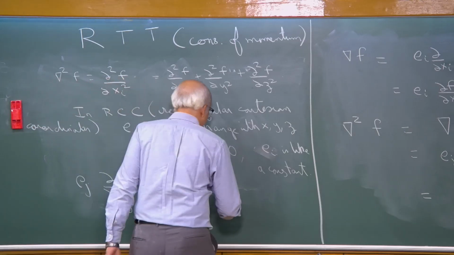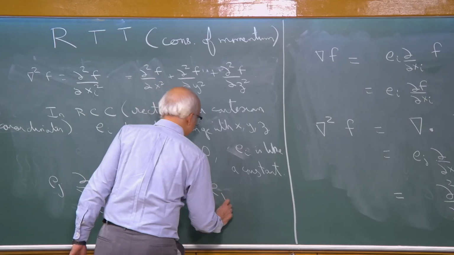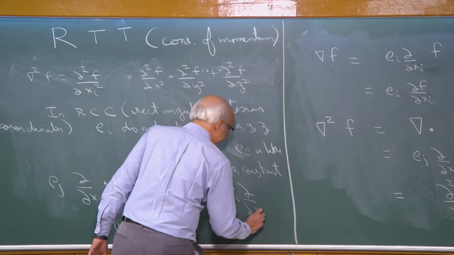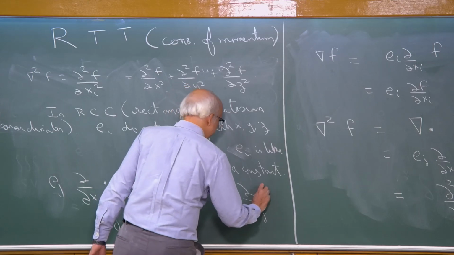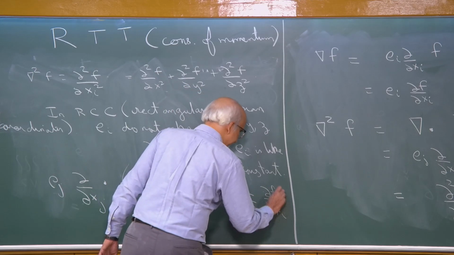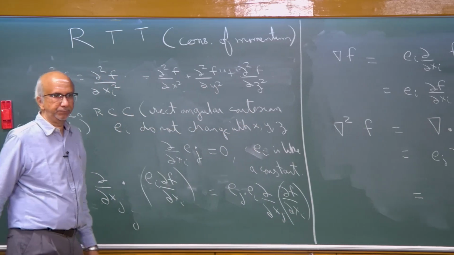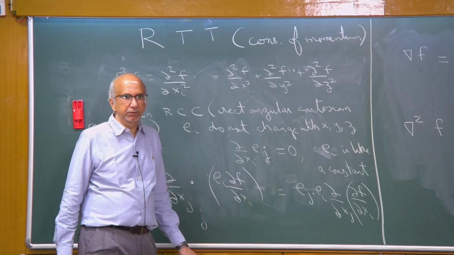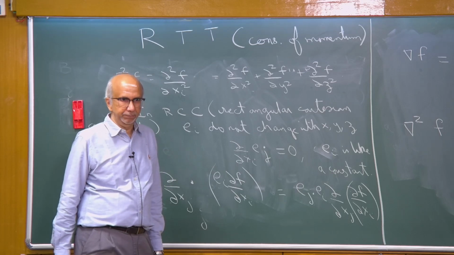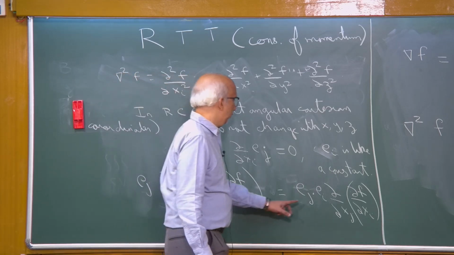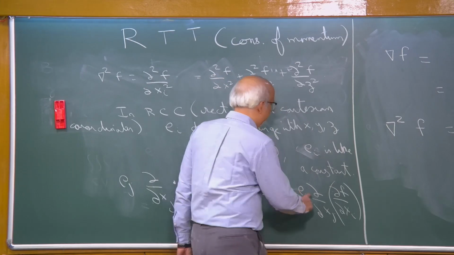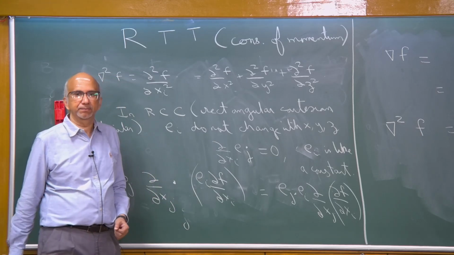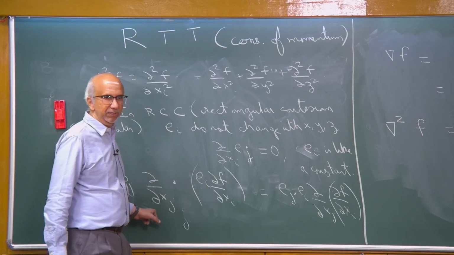So this is the same as saying Ej dotted with Ei, d by dxj of df by dxi, because the unit vector does not change with the spatial coordinates. I can take the Ei out because of the product rule of differentiation, and this is a constant as far as this variable is concerned.